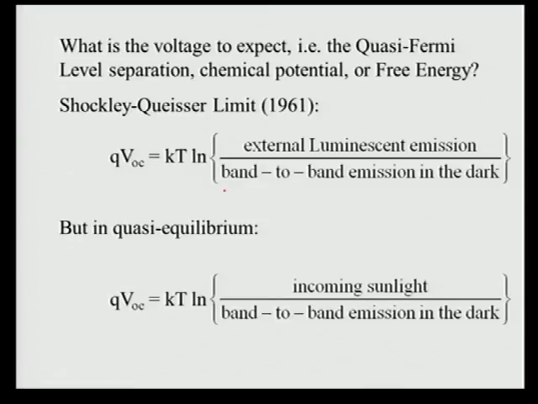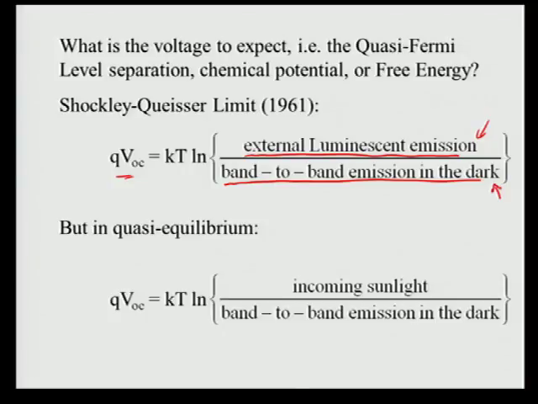Now, the excited state molecules can emit, so you'll see some external emission. And also in the pitch darkness, you'll still get a little bit of thermal emission. So this is the same as the ratio of population. So this open circuit voltage is the same as the ratio of the light emission from the material in sunlight versus the light emission in the dark.